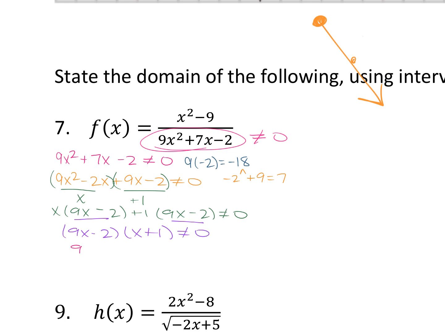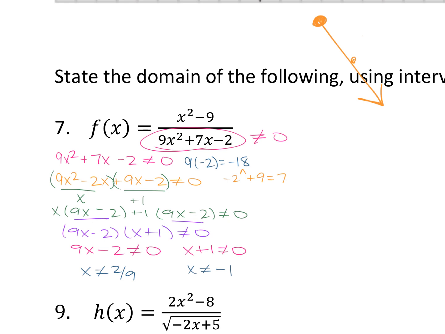Set them both not equal to 0 and solve. For 9x minus 2 equal to 0, you would add your 2 over, then divide each side by the 9, so x cannot equal 2 over 9. For x plus 1 equal to 0, you would subtract the 1 over, so x cannot equal -1.